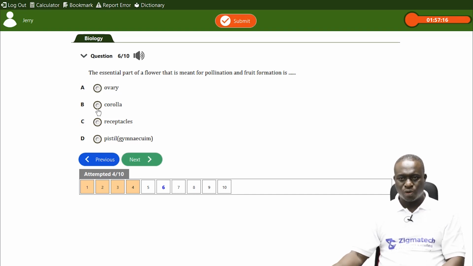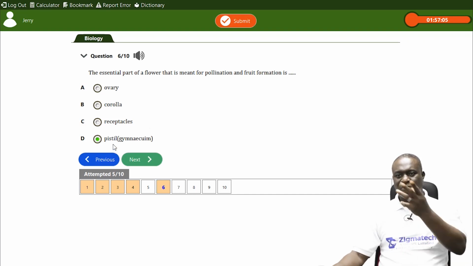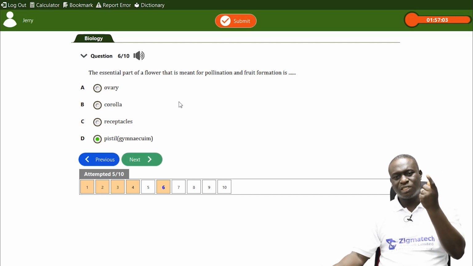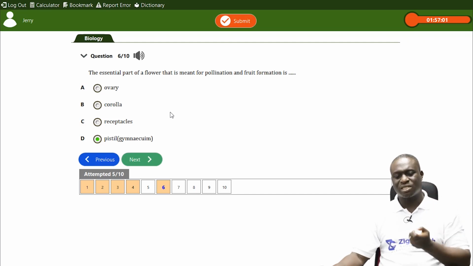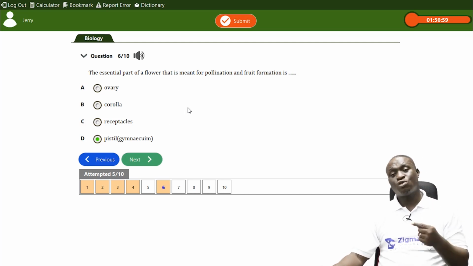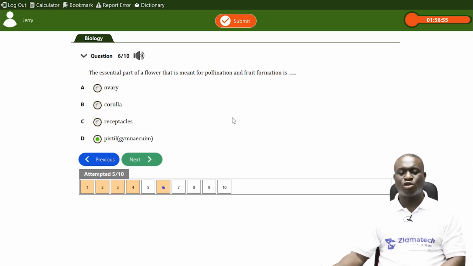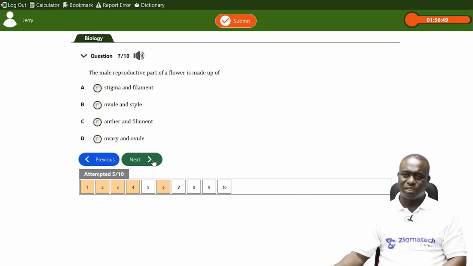It's not the corolla. They didn't say only pollination. It's also not the receptacle, but it is the pistil, because the pistil is responsible for both. For pollination, the pistil contains the stigma that receives the pollen grains, and also in the pistil there is the ovary, which brings about the formation of fruits after fertilization takes place. So the correct answer there is option D.